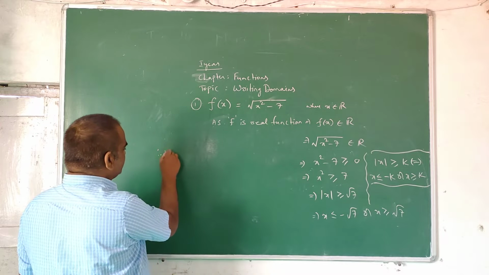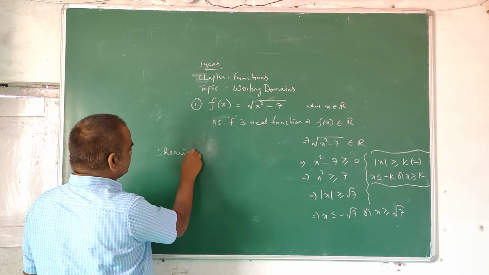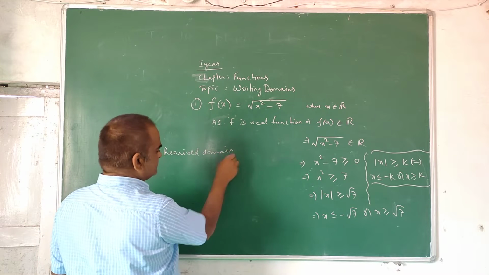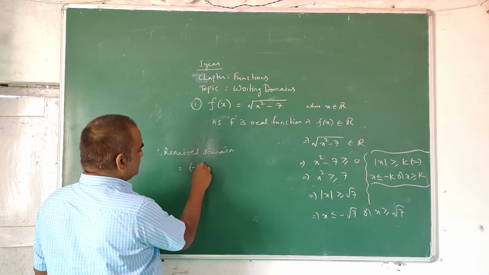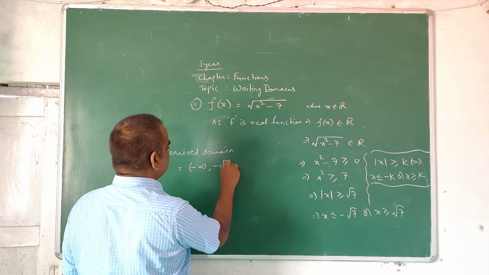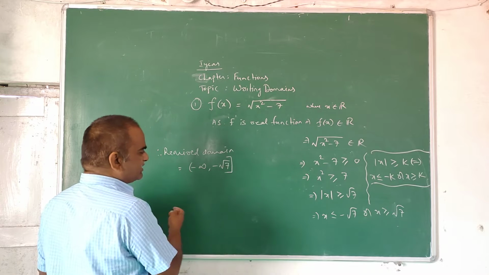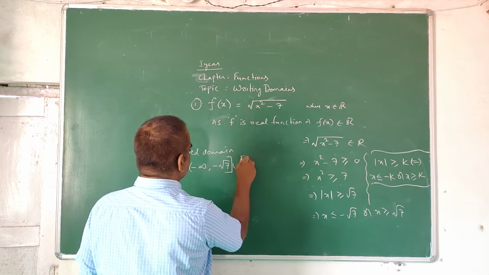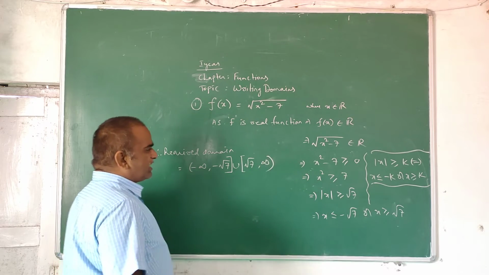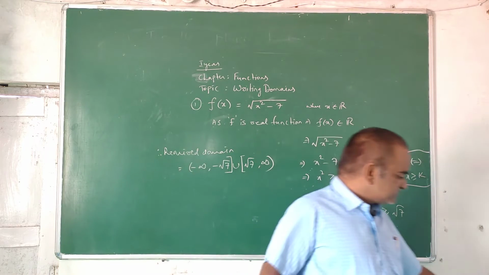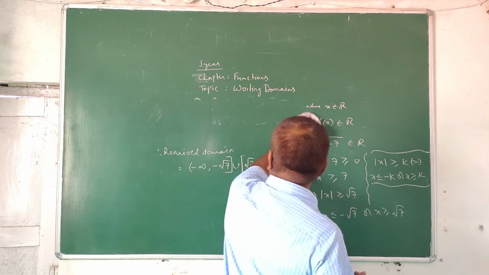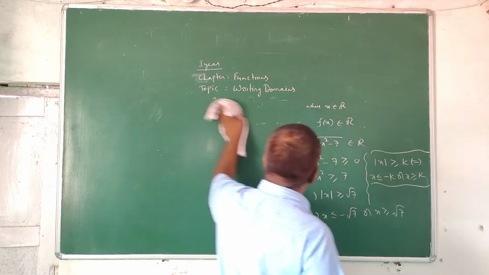Therefore required domain is, in terms of intervals, minus infinity to minus root 7, closed interval, union root 7 to infinity. So this is the required domain. Understood? This problem is finished.